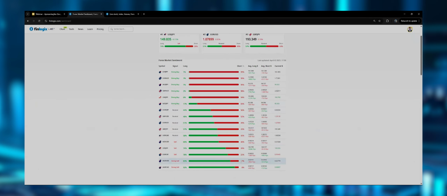Yeah, it's on the 17%, and Aussie CAD is on the short side of the market, so 8% is shorting.